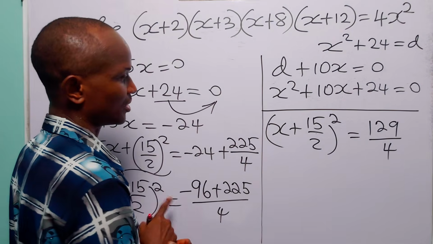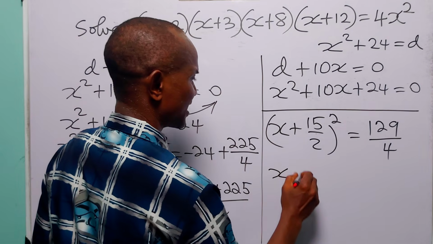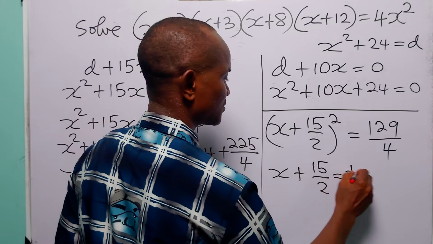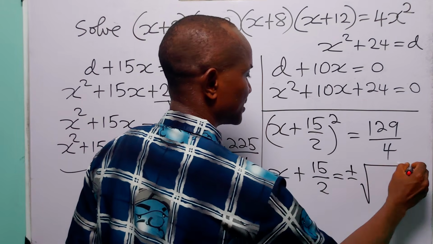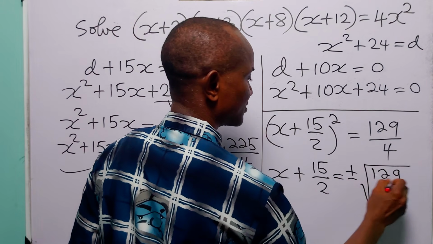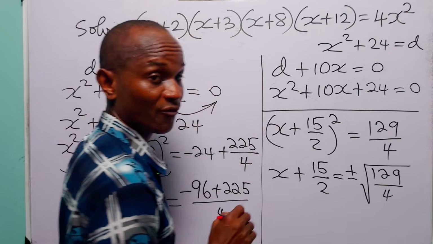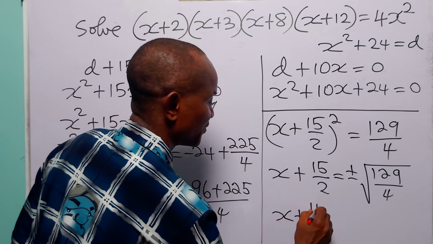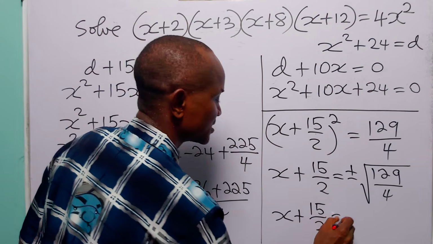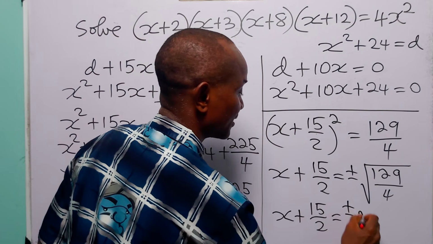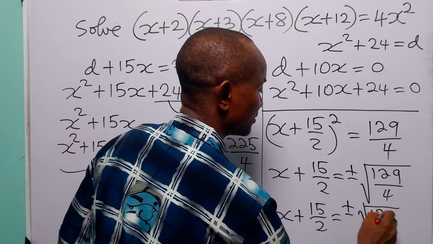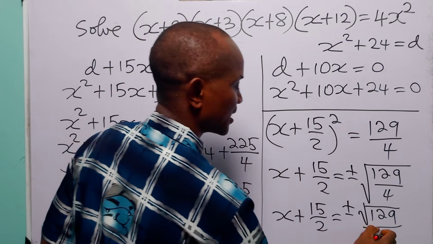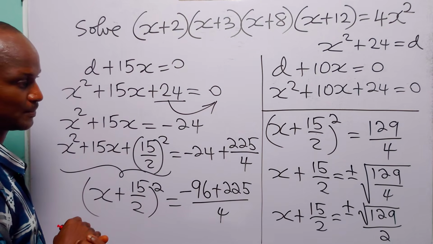The last thing we are going to do is to take the square root of both sides of this equation. When we do that, we have that x plus 15 over 2 is equal to plus or minus the square root of 129 over 4. Of course, this is plus or minus root 129 divided by the square root of 4, which is equal to 2.